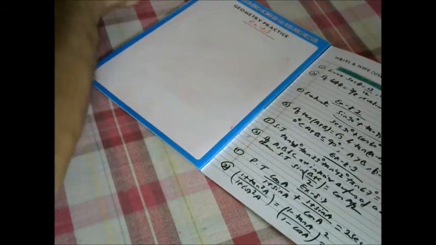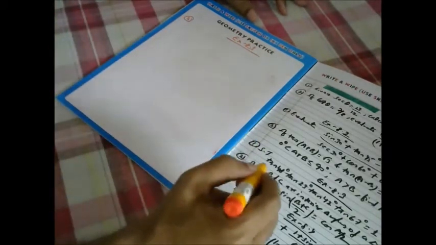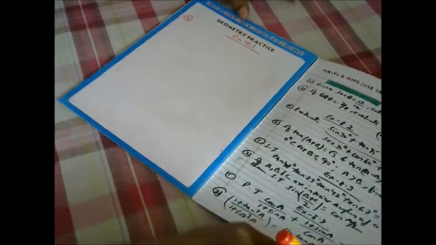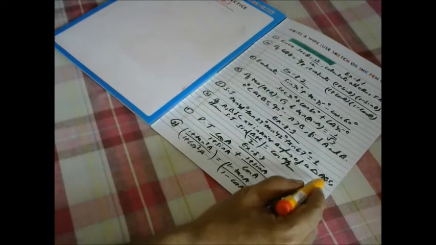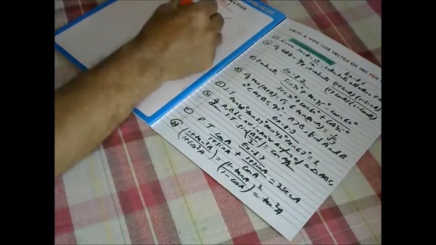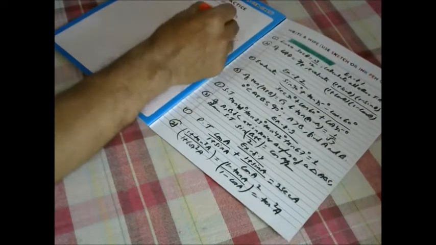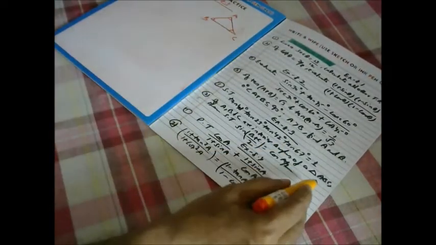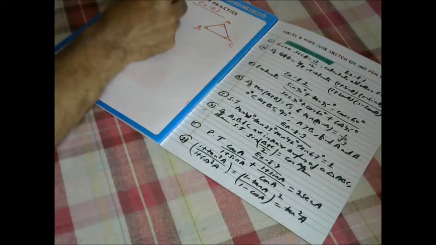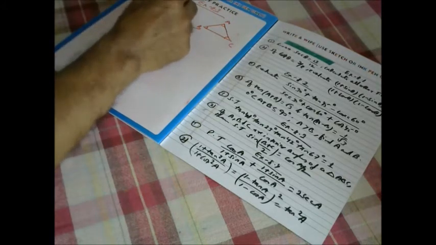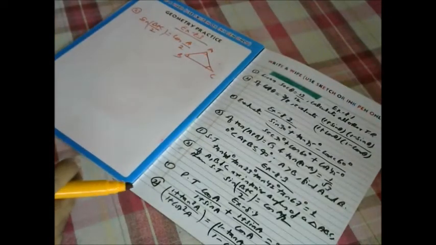If A, B, C are interior angles of a triangle ABC, then prove that sine of B plus C by 2 is equal to cos A by 2. This we need to prove.